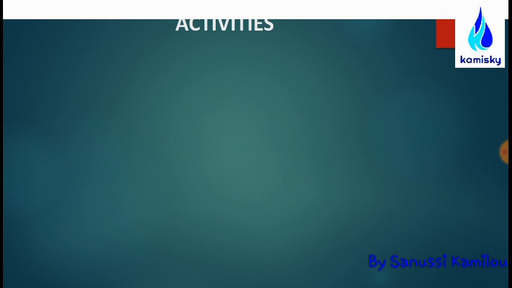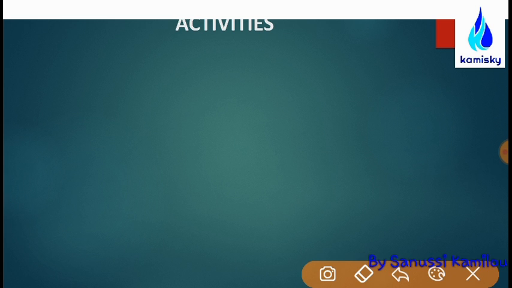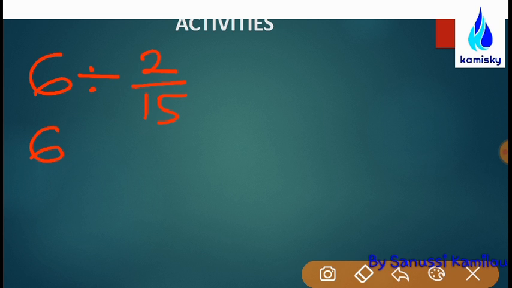We shall do another one right now so that you'll be used to it. Okay, let's see this. 6 divided by 2/15. As you have seen this, don't be in a hurry to answer. Don't be in haste. We have said that we keep the whole number, which becomes 6/1.